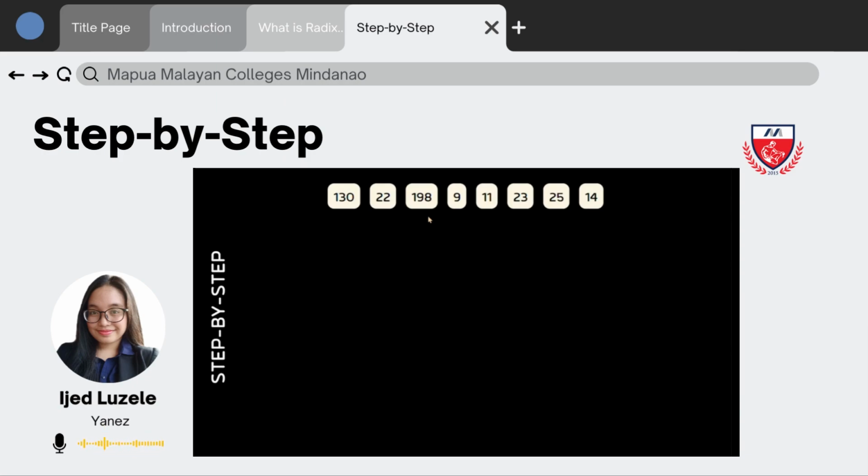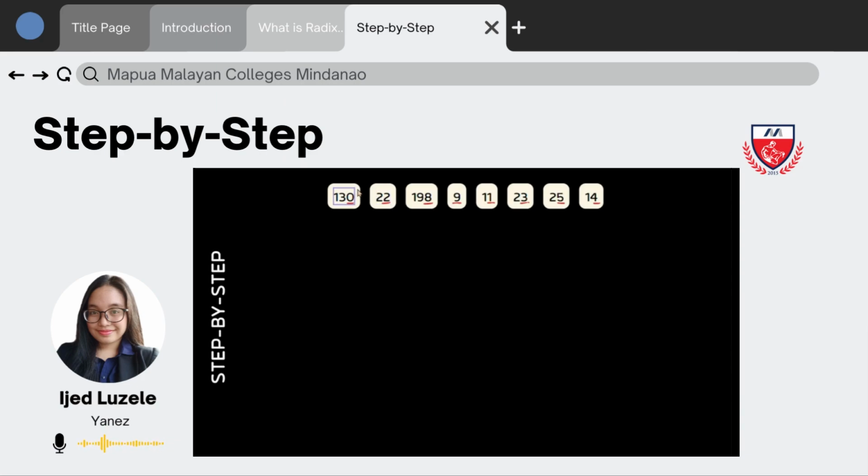Now on to sorting. We will first sort them based on the rightmost digit. The rightmost digit in each number are 0, 2, 8, 9, 1, 3, 5, and 4. With that, we will sort them from least to greatest.